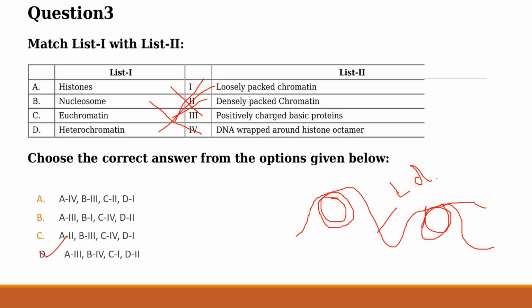Because euchromatin is an actively expressing region, so it's available all the time. And heterochromatin is the non-expressing region. It is highly condensed region, so seen at nuclear periphery. Heterochromatin is seen at nuclear periphery, highly condensed, so it is a densely packed chromatin. Please note that.